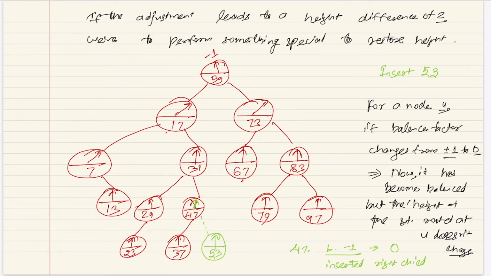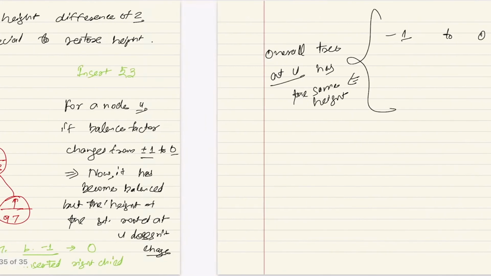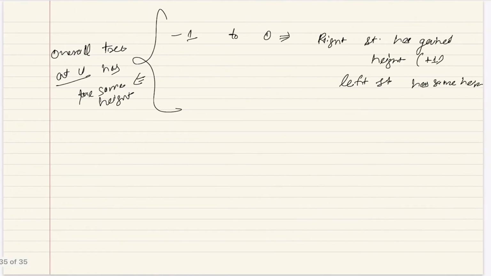I can simply say if it has changed from minus 1 or plus 1 to 0, no need to go up. But you see if the other way happens. If the change happens from 0 to plus minus 1, what does it mean? That means in insertion, one of the subtrees has gained height.